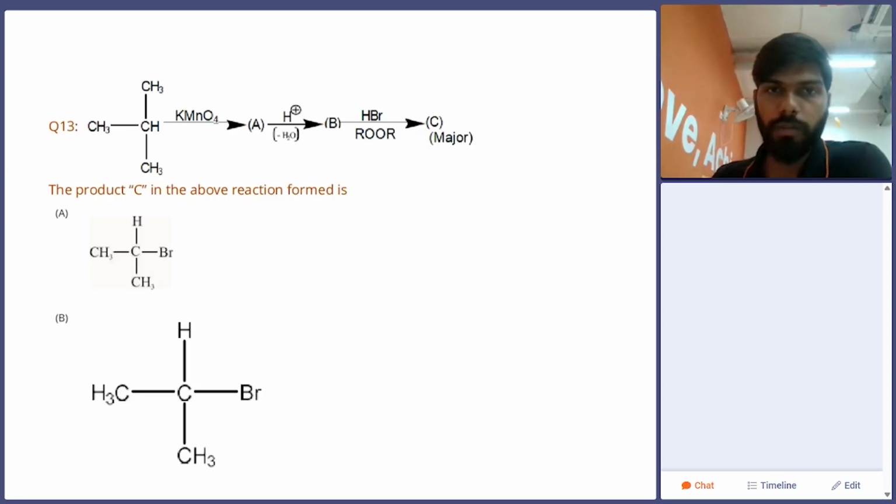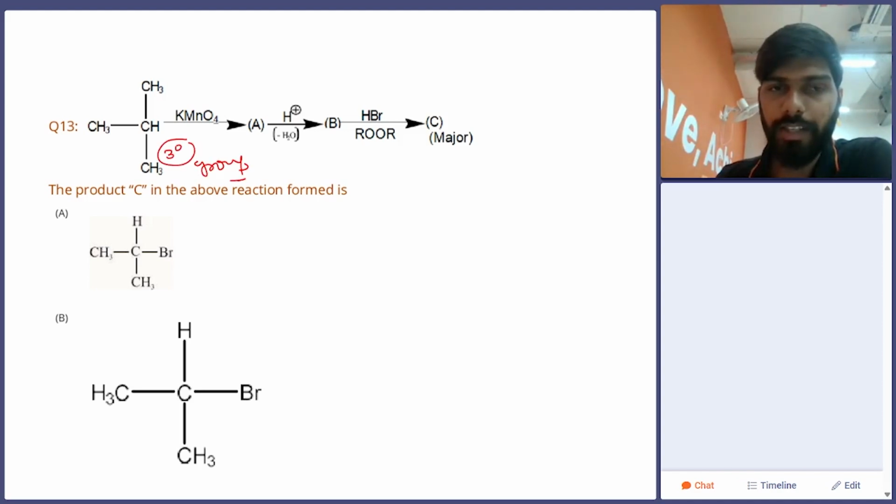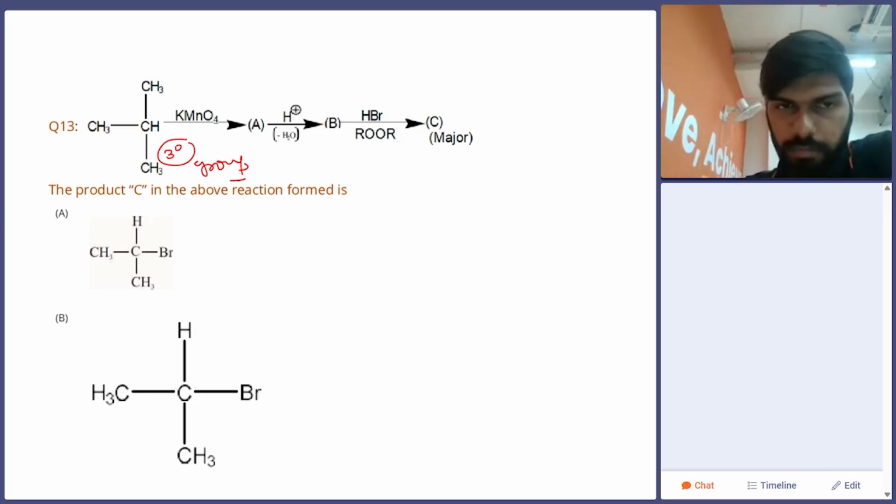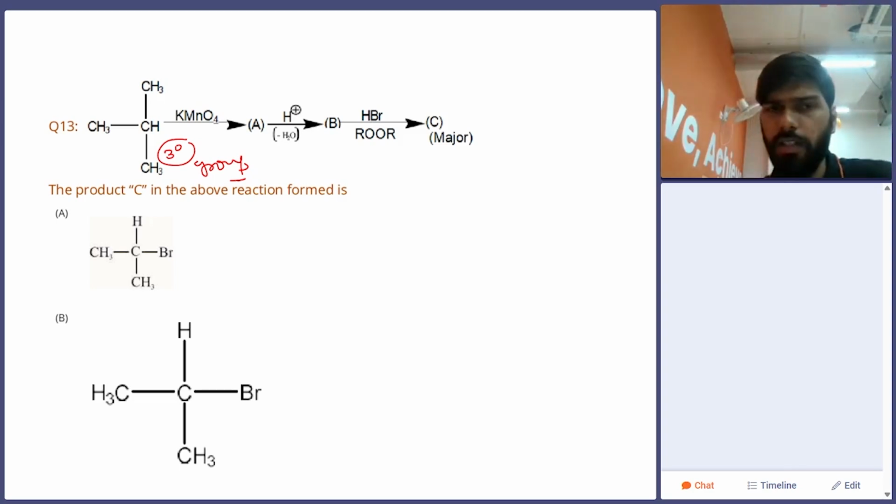If we talk about question number 13, in this question a tertiary group is present, and when CH reacts with CH3 they are attached. Now in the presence of KMnO4, this group will convert into alcohol.